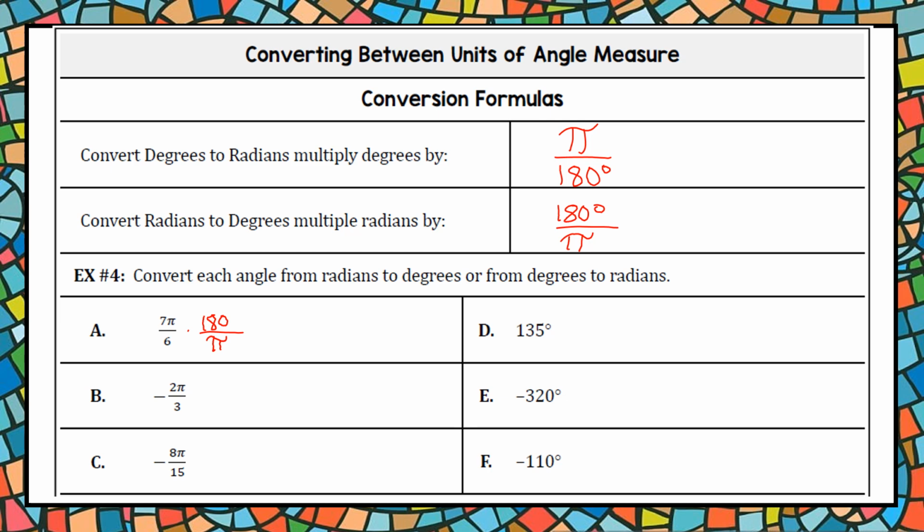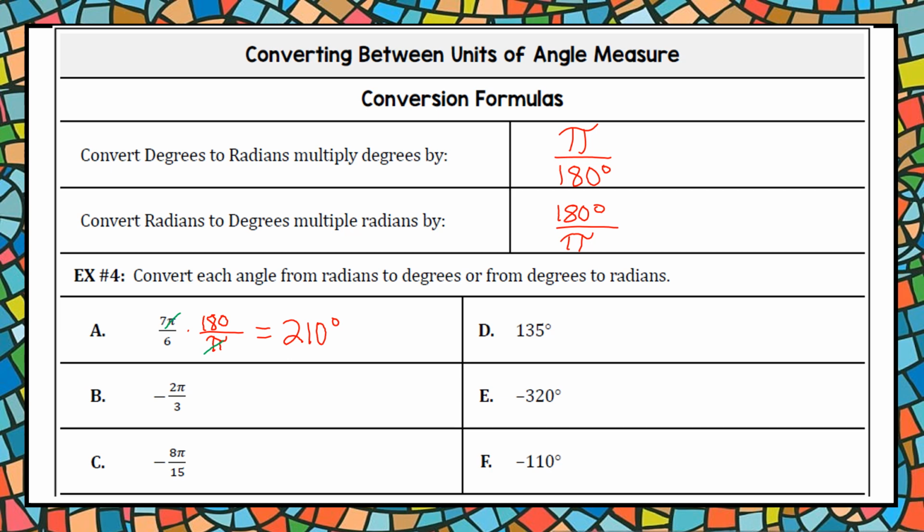And what you're going to see here is that the pi is going to cancel out. That's good because most of the time when we talk about degrees, we don't see that pi symbol. Then I can multiply those together, and when I simplify, I end up getting 210 degrees.